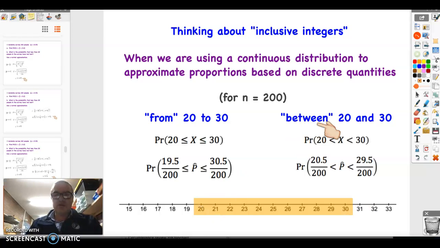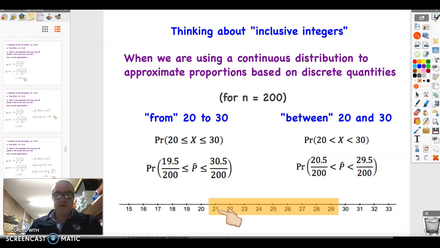If I was going to use the words between 20 and 30, suddenly that changes the signs to less than, not less than or equal to, but just less than. And so it now no longer includes 20. And so now my proportion, we need to adjust this. So not including 20 and not including 30 at the upper limit.